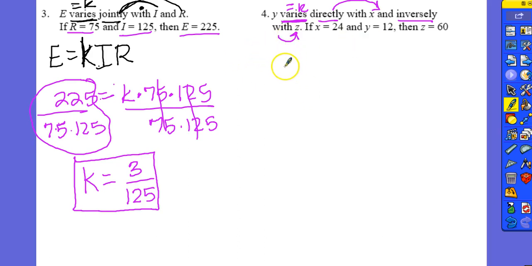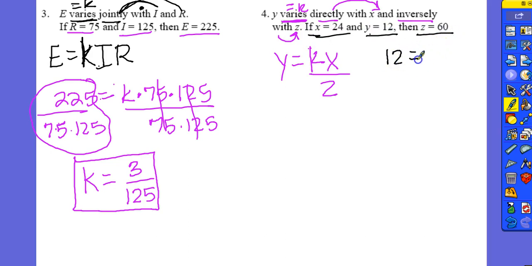So Y is equal to K times X over Z. Then we just, of course, substitute the information so that we can find our constant of proportionality, our K. So we get 12 is equal to K times 24 over 60.